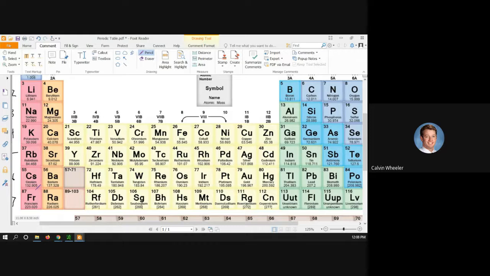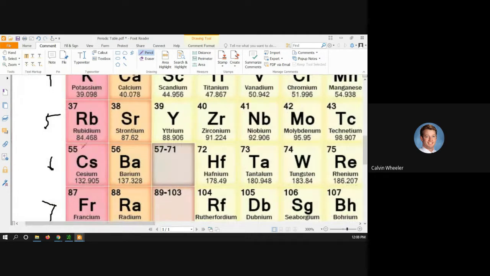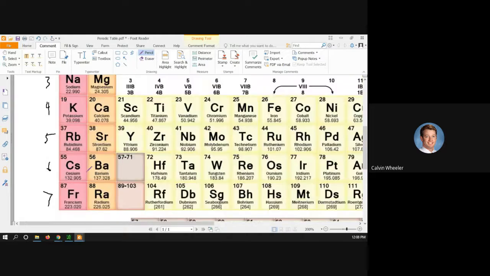I know that because cesium is the same thing as barium, but 1 more proton, 1 more electron, and some extra neutrons. So if this is 55, the 55th electron is in the 6th energy level, the 56th electron is in the 6th energy level, and the 72nd, 73rd, 74th, 75th, all these electrons are in the 6th energy level, the 6th shell.